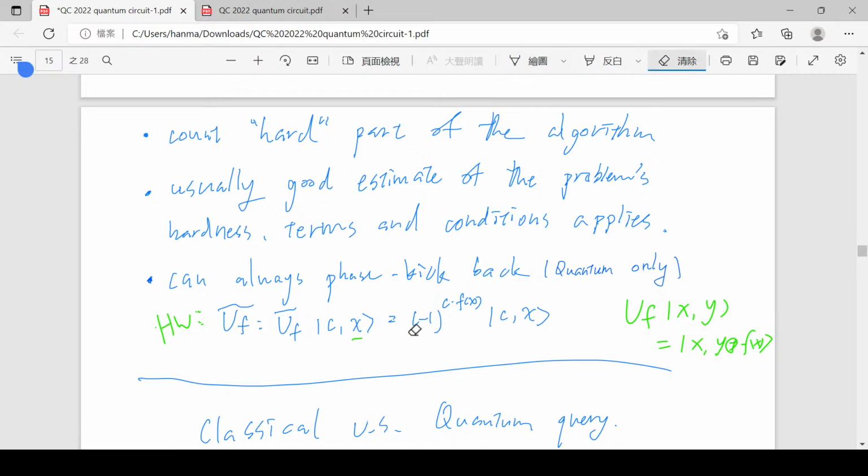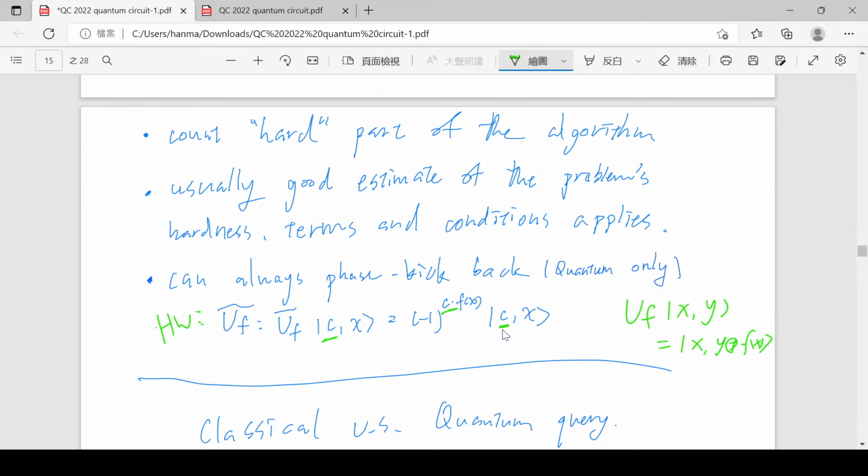But it's a little more complicated. You see C here because this C is actually a control register, and it is needed for this U tilde f to be equivalent to this U_f. If C equals 0, then U tilde f always does nothing, because you always get (-1) to the C times 0, so this is always nothing.